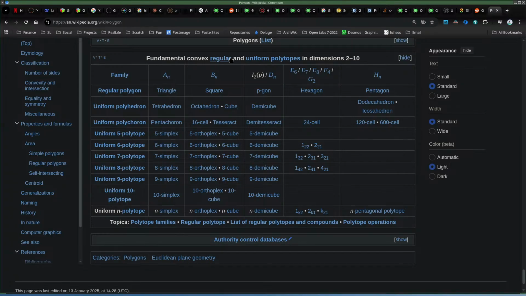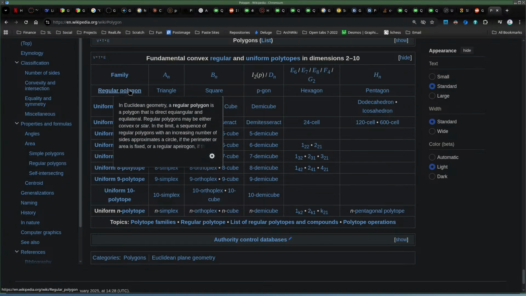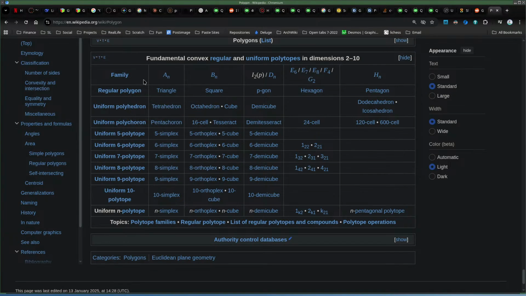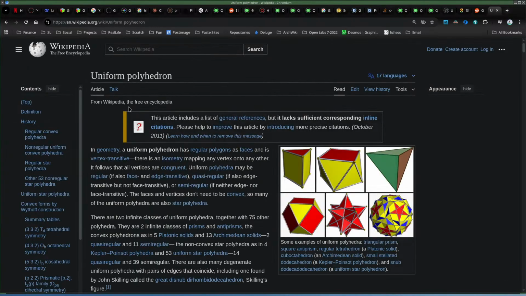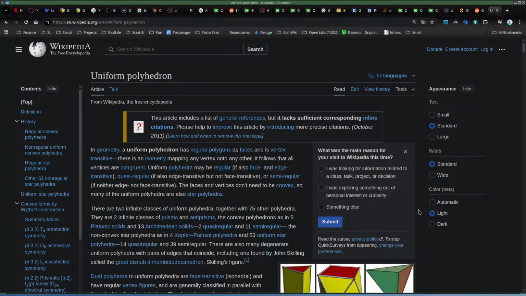So yeah, it literally says here the dimension 2 till 10. So this is two-dimensional. So polygon is two-dimensional, not in 3 dimensions.